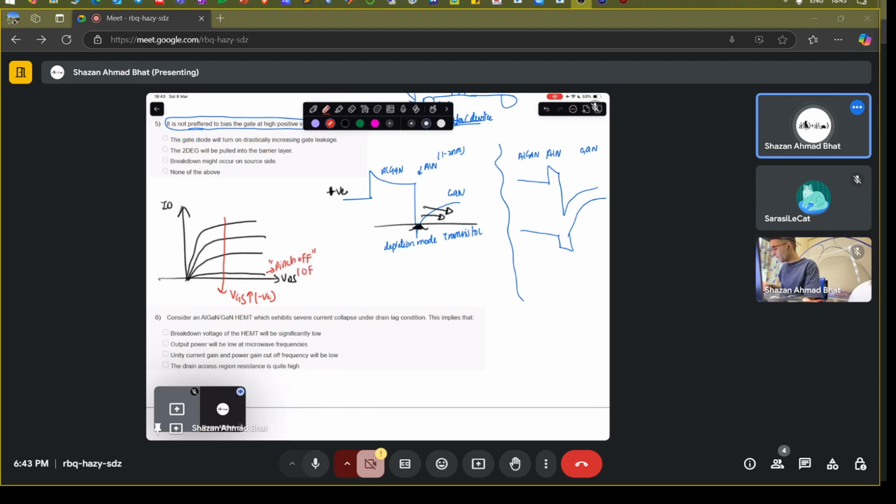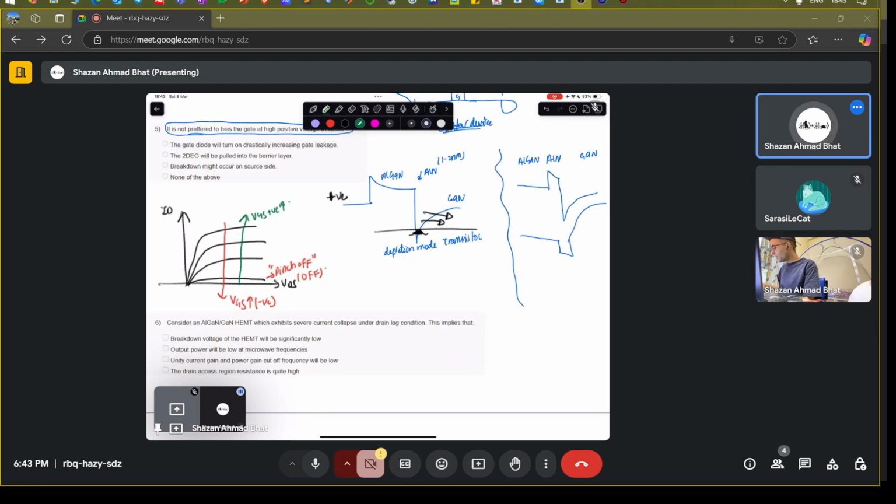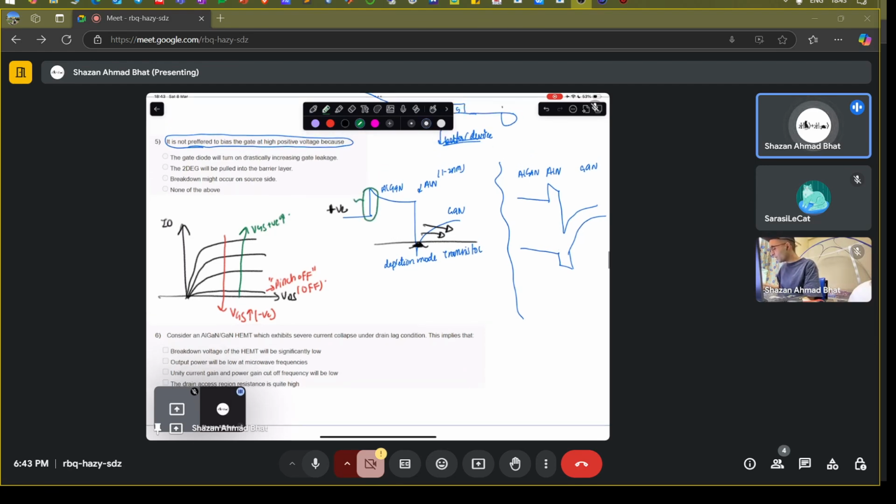It's an off state. Now, what happens if you go on increasing it in the opposite direction? That means VGS increased in the positive direction. It will be catastrophic for the device. Why? Because you are going to modulate this barrier, and there will be huge leakage currents flowing through it. That's what you don't want.